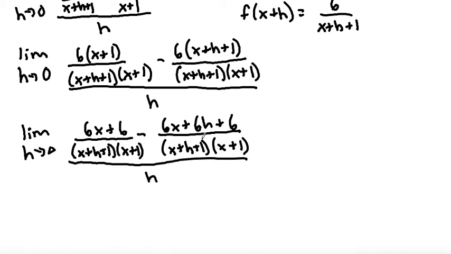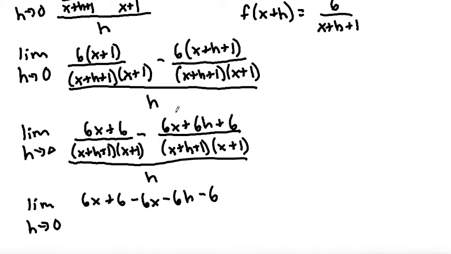Now that we have distributed out the numerators, we can subtract our two fractions, and make sure that you distribute this negative to every term in the second numerator. So that'll make the limit as h approaches 0 of 6x plus 6, and then minus 6x minus 6h minus 6.